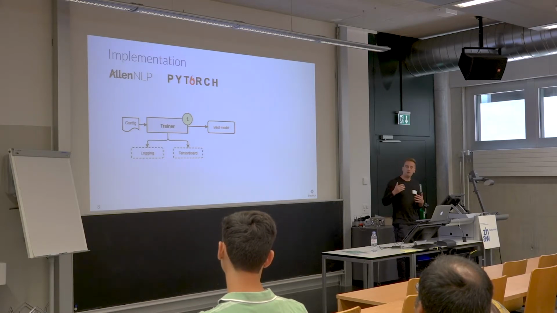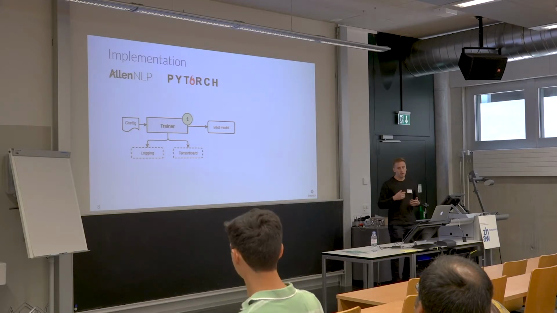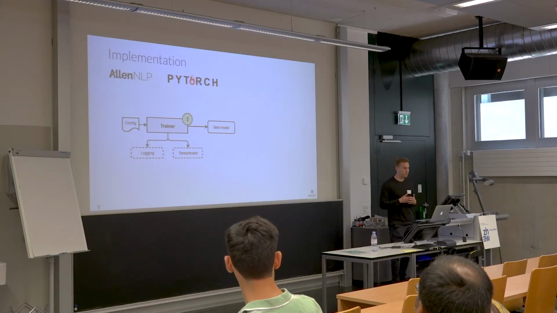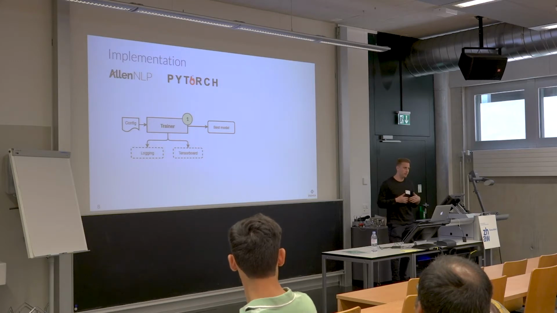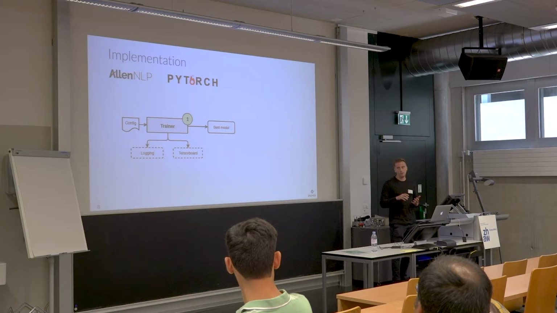For example, we can define a config file, which is a JSON file that has configuration details like what model we want to use, how long we want to train, what embeddings we want to use, and all that stuff, and we feed it to a trainer which does the iterations and all that stuff, so we don't have to implement this from scratch.